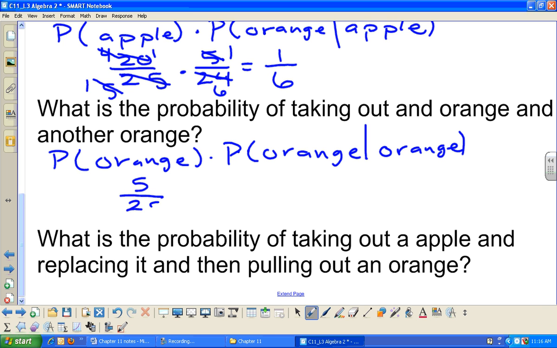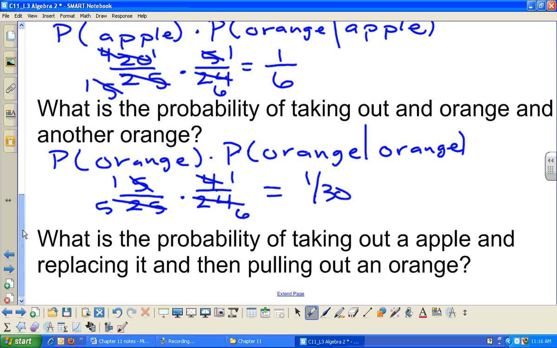Because there's 5 oranges and there's 25 total fruit. Once I took out that first orange, I'm only left with 4 oranges in my bag. And I also took out a piece of fruit, so I'm left with 24 total. So if I reduce before multiply, this would be 1/30.